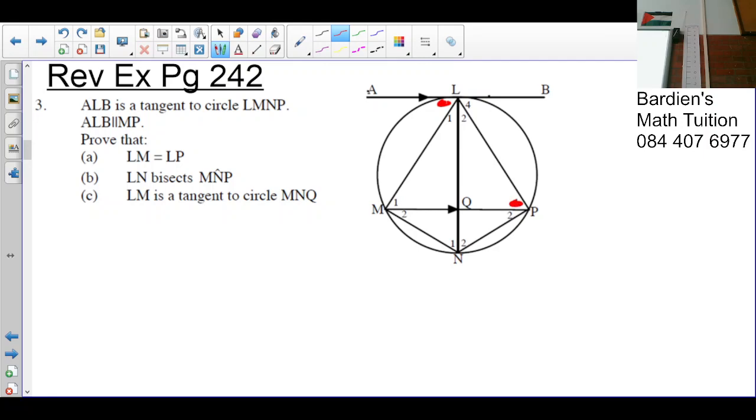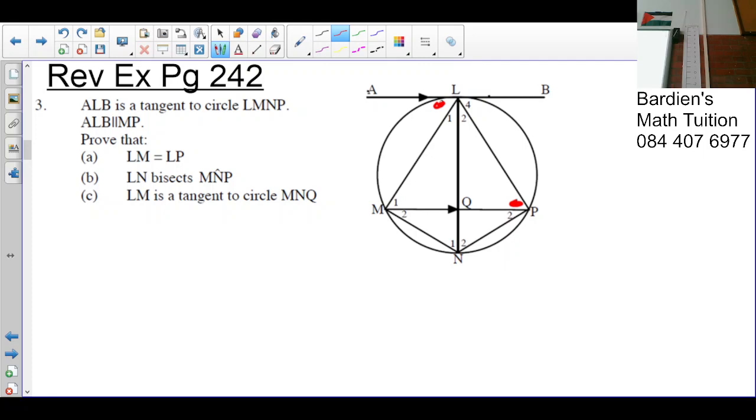Why? Tan theorem. And also L4 is equal to M1. And the combination of L3 and 1 is also going to be equal to P1 and 2. Okay. The combination thereof. And many other things.